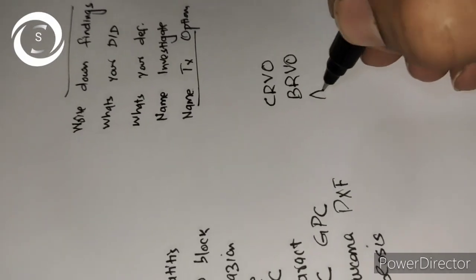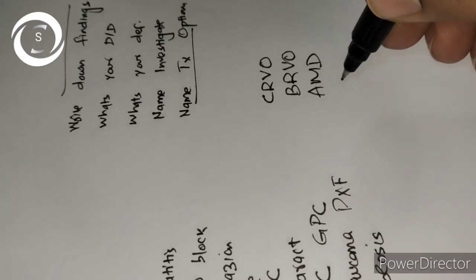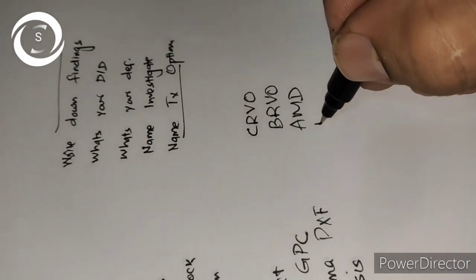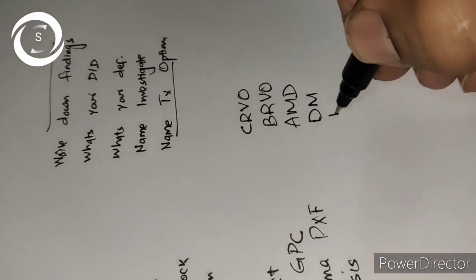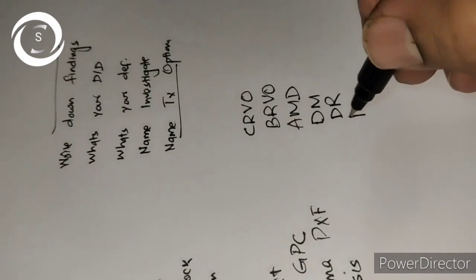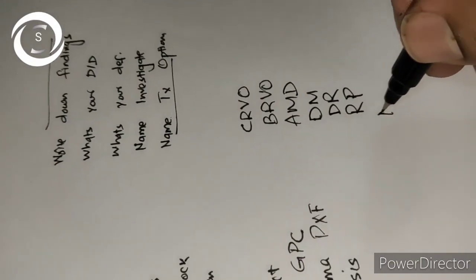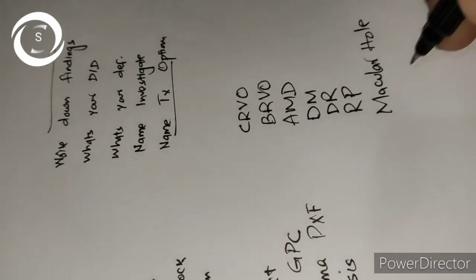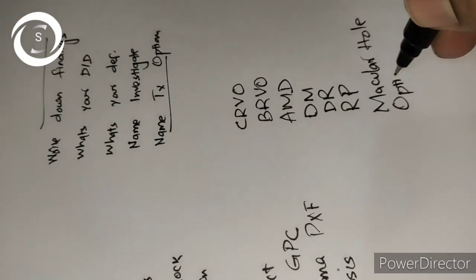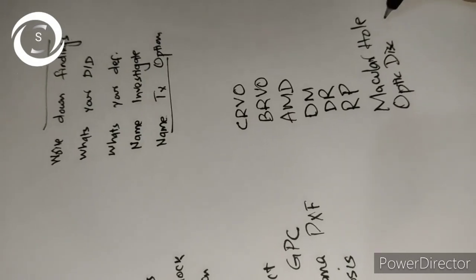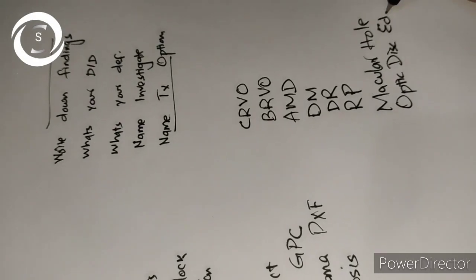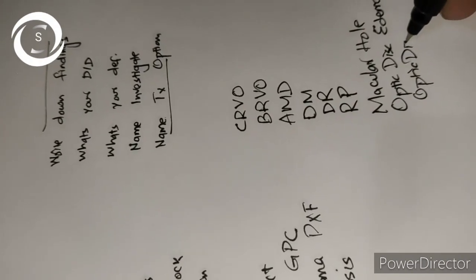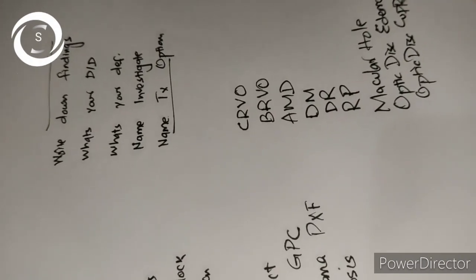You can have AMD, wet and dry picture. Then diabetic maculopathy and diabetic retinopathy picture. You can have retinitis pigmentosa, macular hole. You can have optic disc edema picture or optic disc cupping picture.